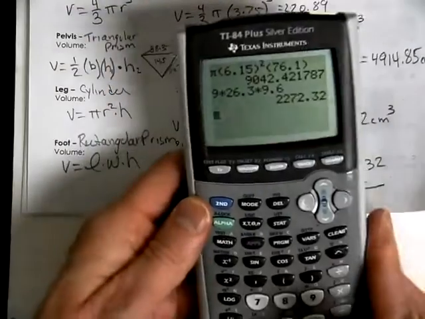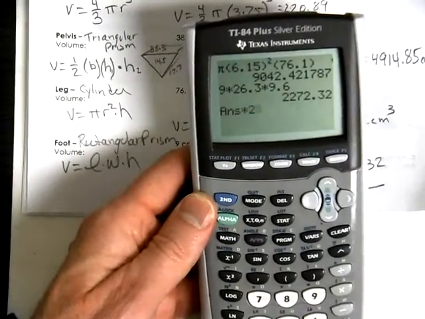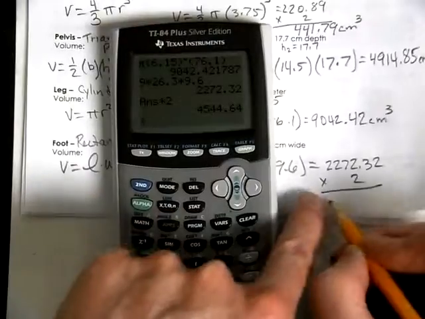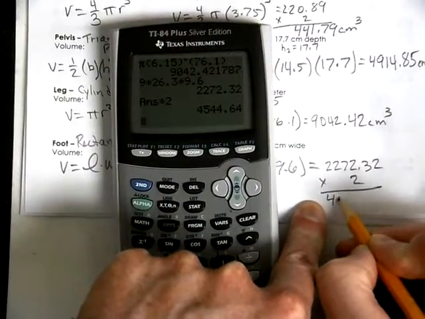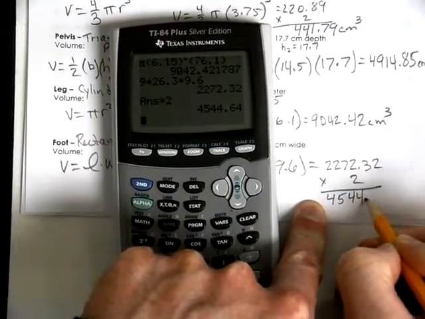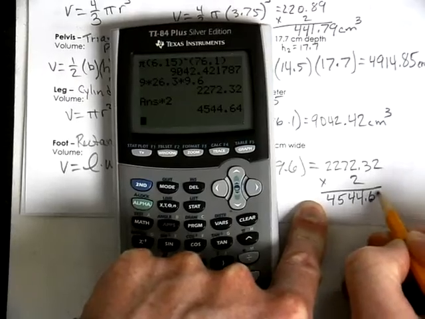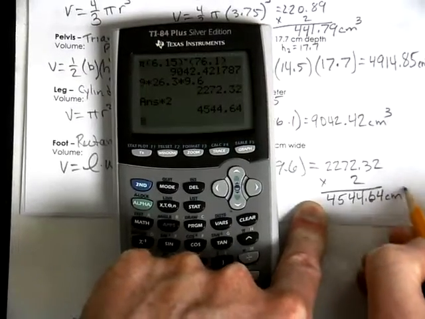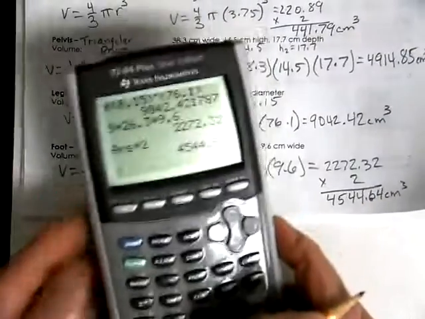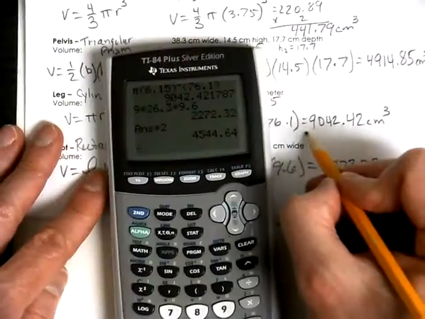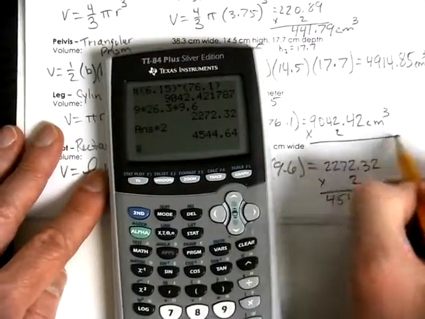So we can times that by 2. And we get 4,544.64. And those are centimeters cubed. And back up here at the legs, we would have two legs.